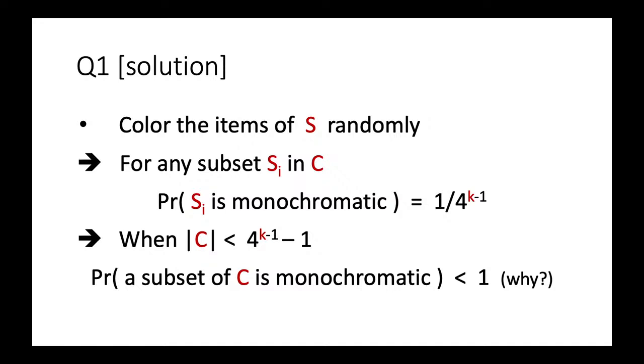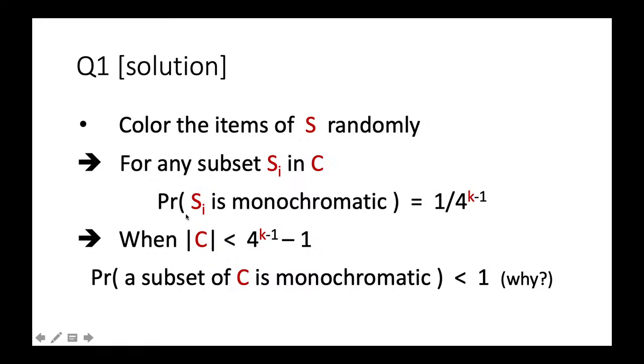The chance that Si is all red is 1 over 4 to the power k, and similarly for each of the colors green, yellow, and blue. So in total, the chance that Si is monochromatic is 1 over 4 to the power k minus 1. This comes from 4 ways of 1 over 4 to the power k.